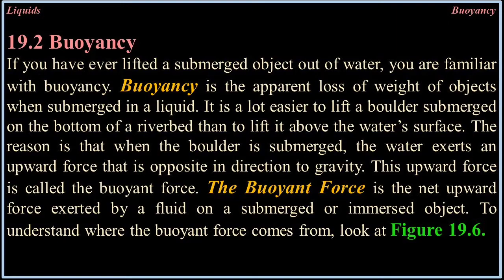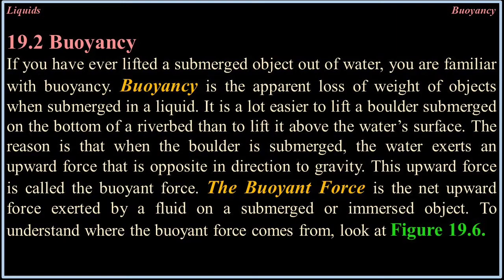The reason is that when the boulder is submerged, the water exerts an upward force that is opposite in direction to gravity. This upward force is called the buoyant force. The buoyant force is the net upward force exerted by a fluid on a submerged or immersed object.